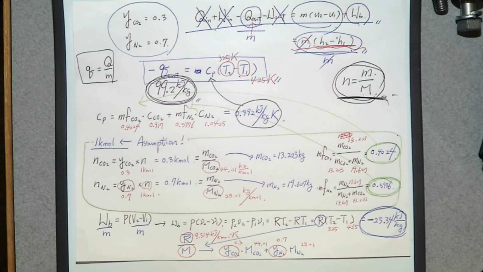But if you keep solving those problems, it will be easier for you to convert between molar basis and mass basis. You need to be able to do them without any difficulty to study the next two chapters, moist air and chemical reaction.